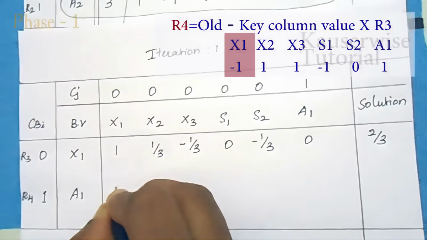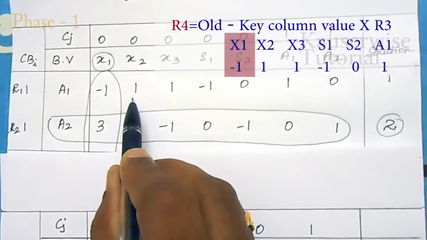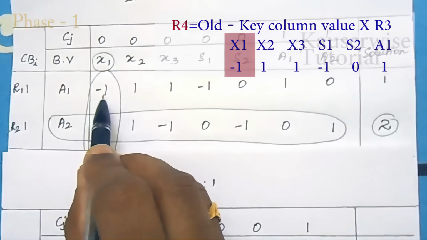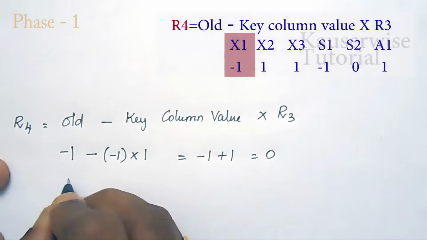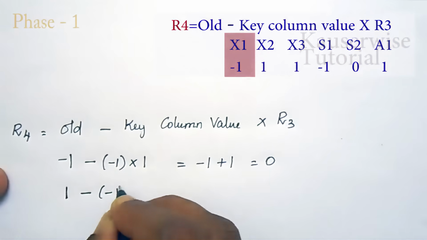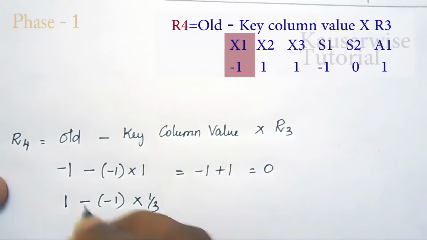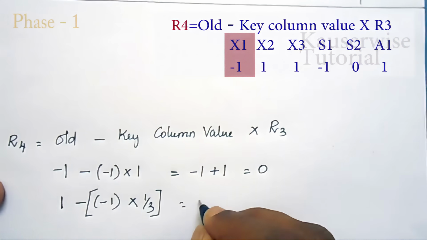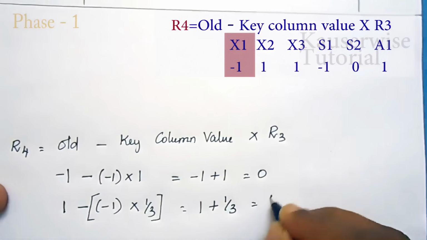For the next value, the old value is 1 minus key column value minus 1 into row 3 value, which is 1 by 3. The answer is 1 plus 1 by 3 is equal to 4 by 3.